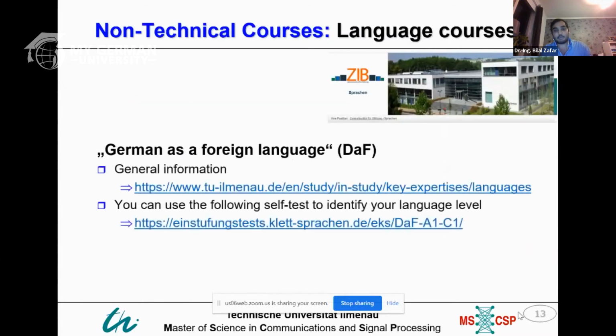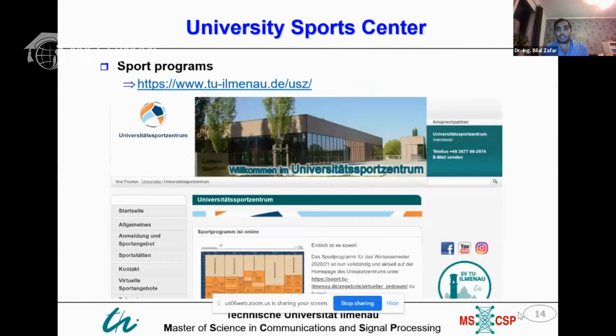As an example, we have German as a foreign language in one of the non-technical courses. You will be provided this presentation. We have a very nice language level check, so you can go and check how good your language level is. Just to repeat, German is not required to apply to our program, but it's always nice to know these things.